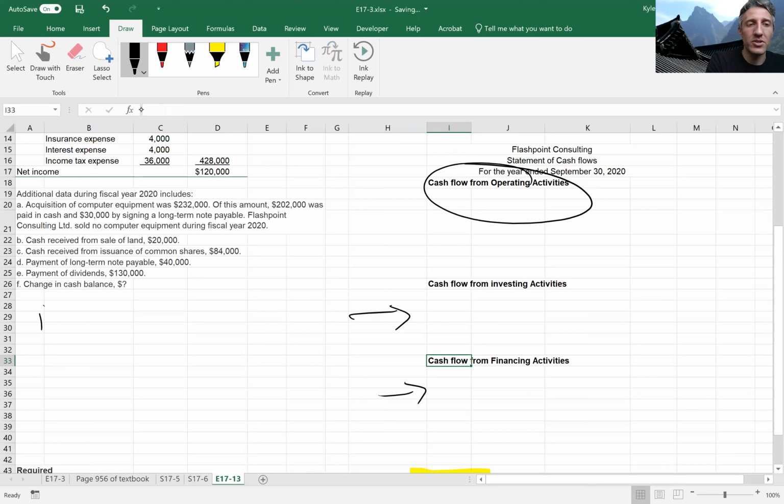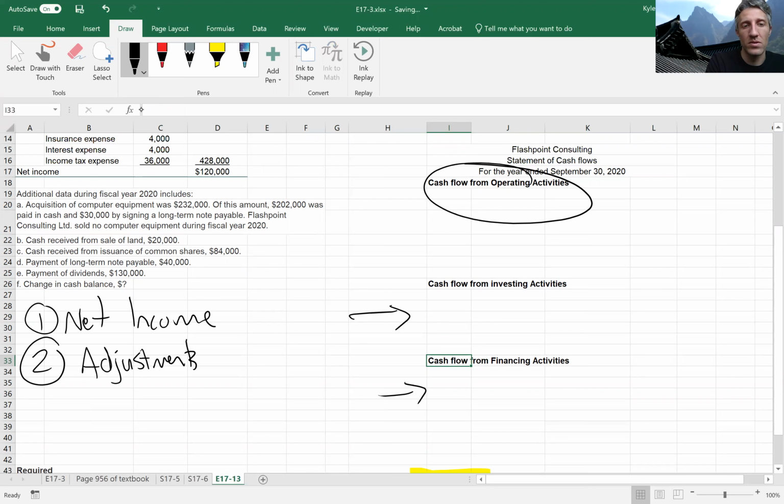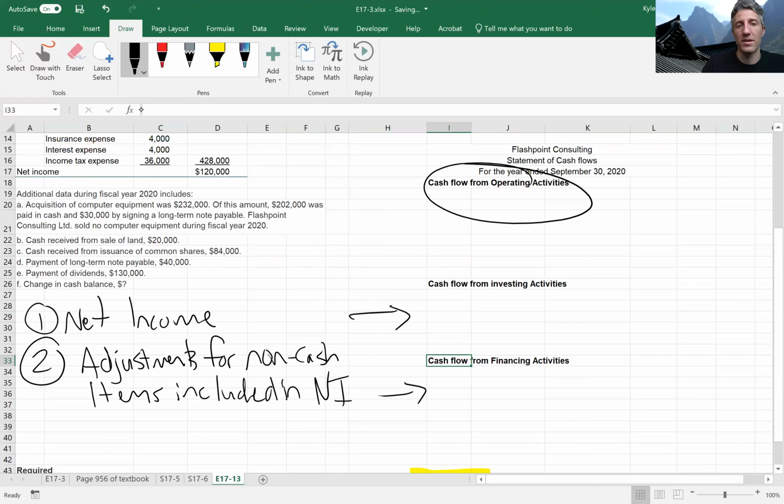And it's really just 3 steps. We start with net income. Then we make adjustments for non-cash items included in net income.